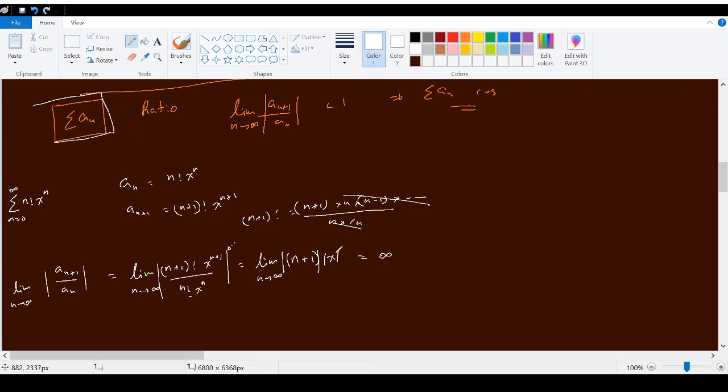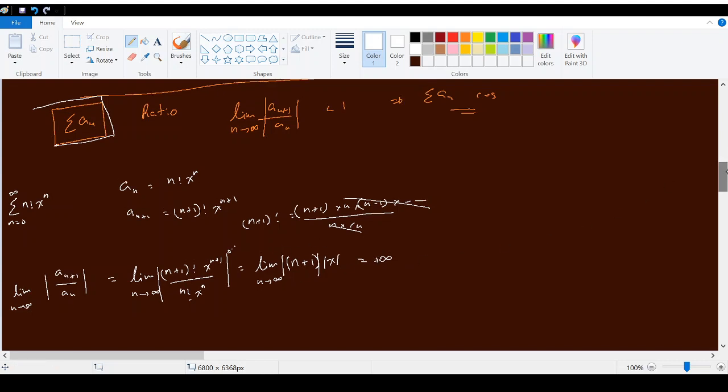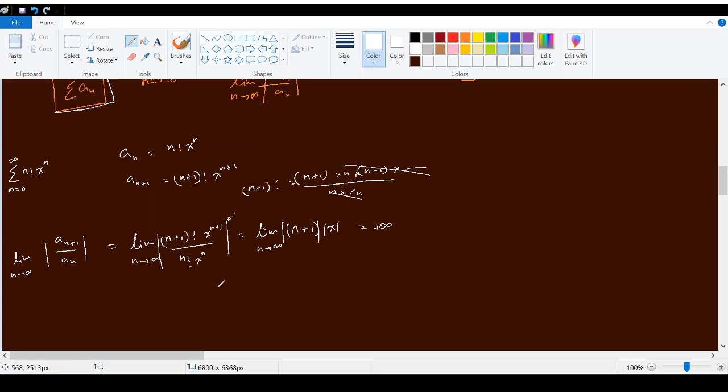Whatever number we have as x, this limit will go to positive infinity, because of this modulus sign. Let's take an example, x equals 10. Then this limit will be (n+1) times the modulus of 10, which is equal to infinity.